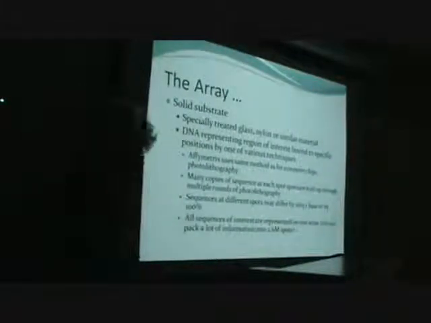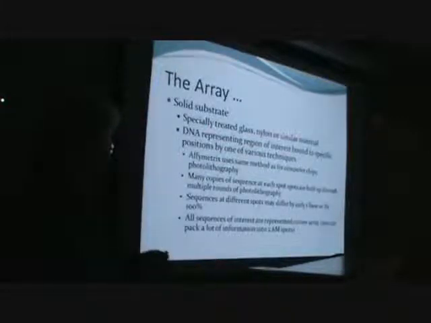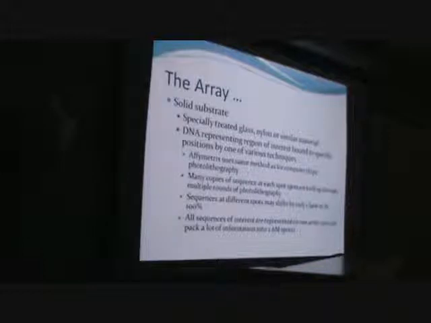Back to the array. It's a specially treated glass, nylon, or similar material, very similar to what they use in making computer chips. The DNA representing the region of interest is bound to specific positions, and Affymetrix uses photolithography to do it. I've got a slide that shows that a little bit. At each spot where you put sequence, there are multiple copies of that sequence, and sequences at different spots may differ by 1 base or 100%.